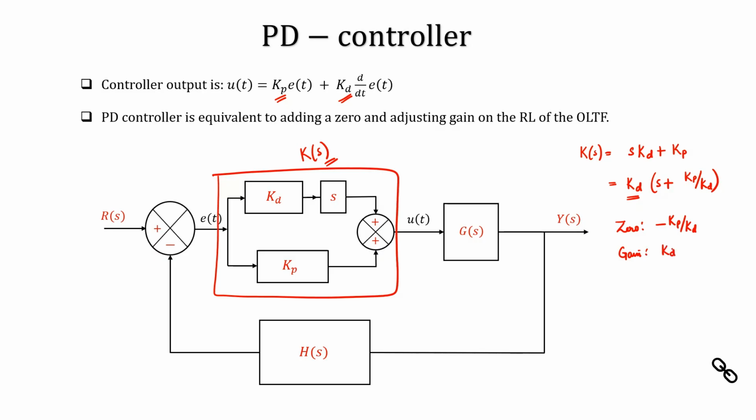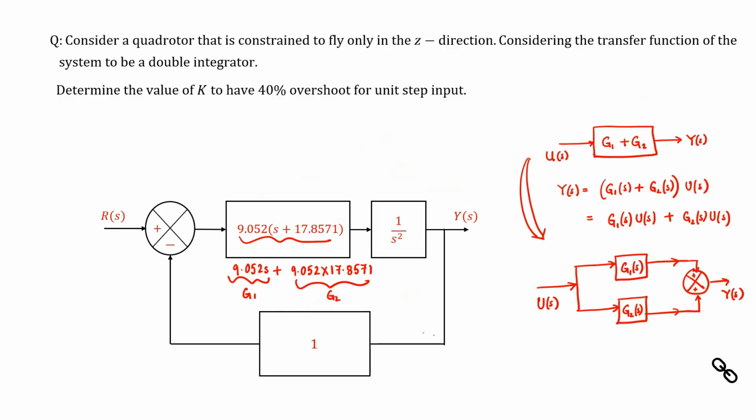So, in other words, from a root locus perspective, when you are adding a PD controller, it is equivalent to adding a 0 at minus Kp by Kd and adjusting the gain Kd. In the example that we had taken, our Kd value will come out to be 9.052, and where did we place our 0 here?